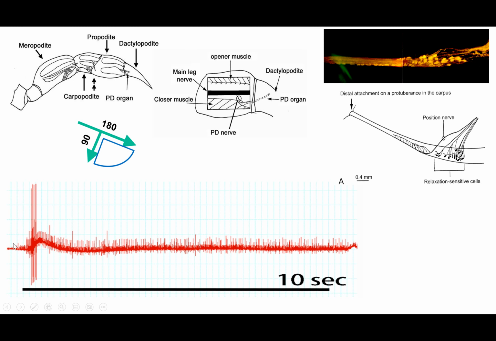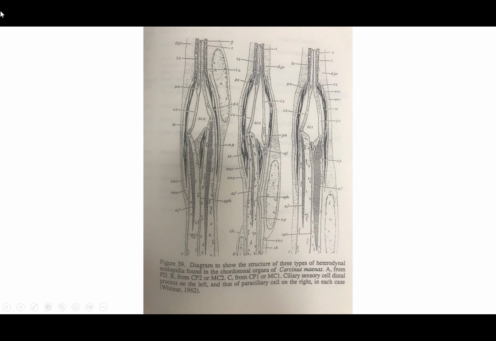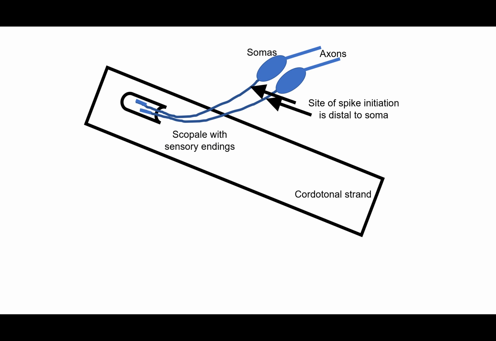So here's kind of like the MRO. We stretch it for 10 seconds, we record the activity, but there's many neurons in this preparation compared to the MRO. So we put a suction electrode here, just like you do in the MRO, and stretch it, and then see what happens. Those are the little sensory endings that are inside the chordotonal strand. We have different endings than the ones in the muscle fibers on the MRO.